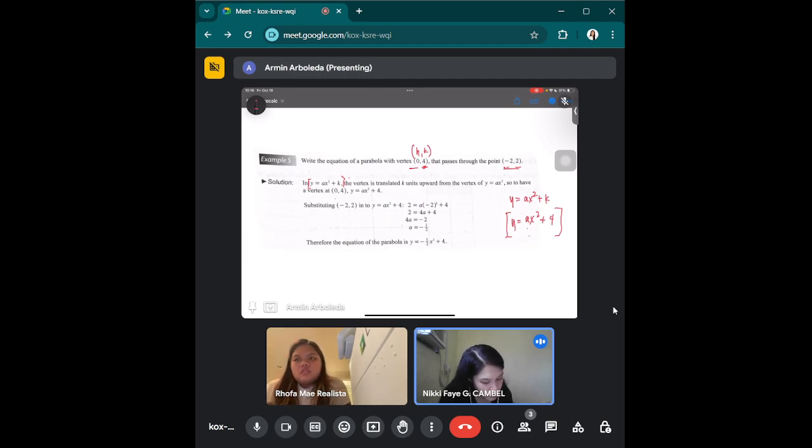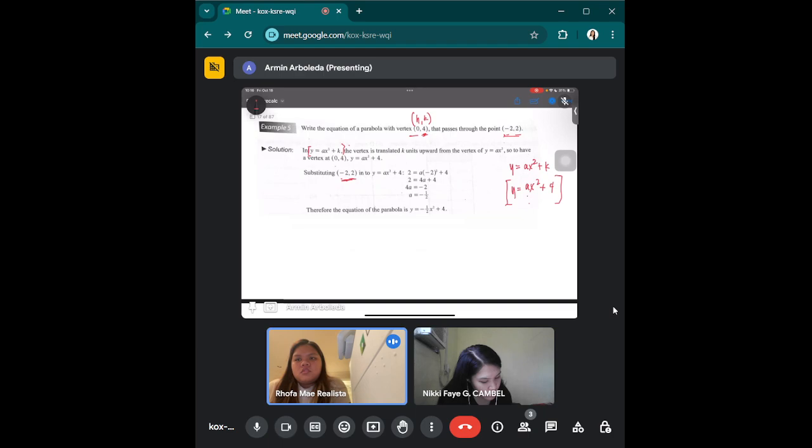We have to replace the 1 point here. We have the other point. So what's our negative 2 again? Our negative 2 is our x and our positive 2 is our y. So in this equation, you have to replace it.